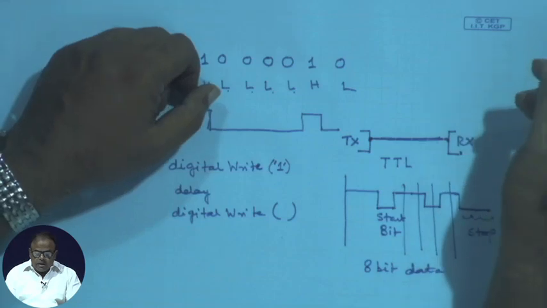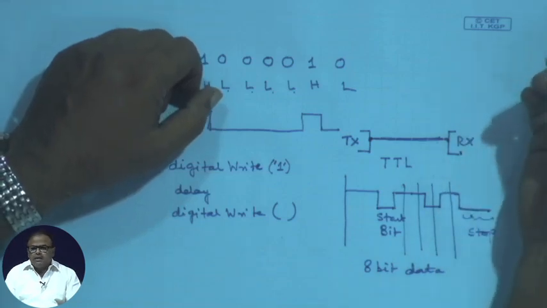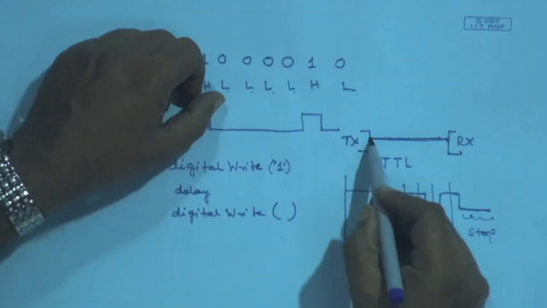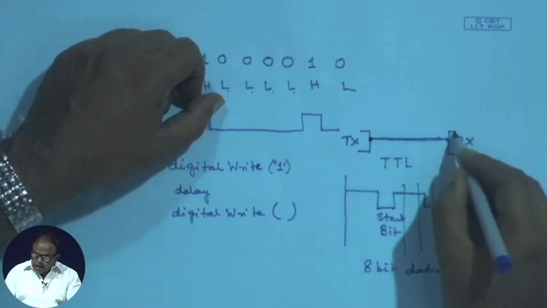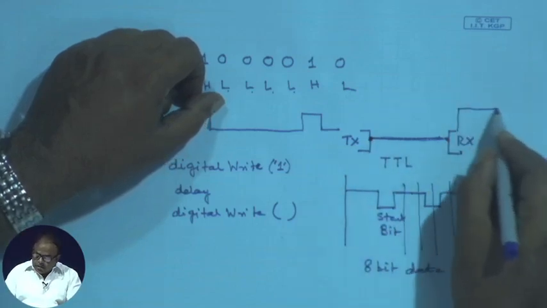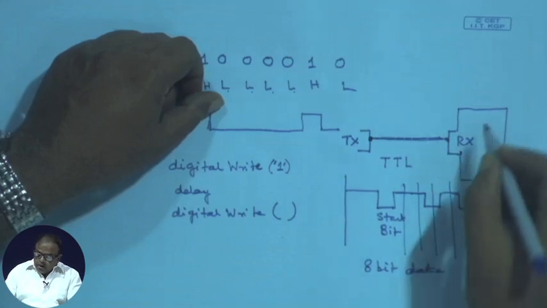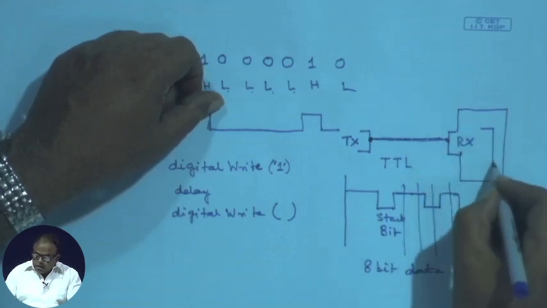Now, a very interesting and very simple task that you can do is that a transmitter is sending data in a serial form, and in the receiver, where there is a system and there are some buffers, etc., you convert it into a parallel form.